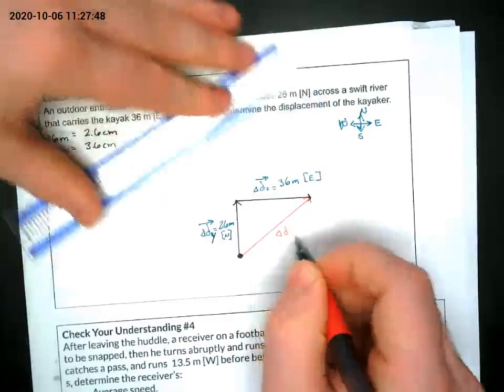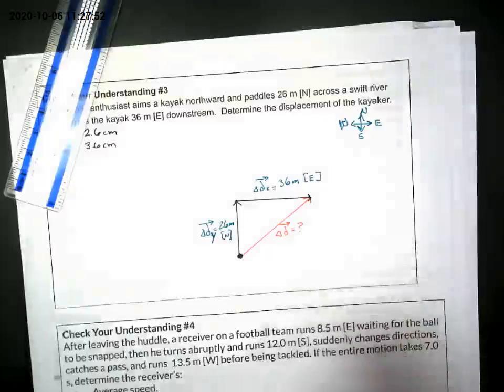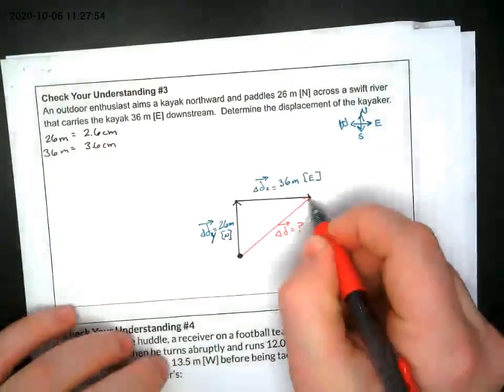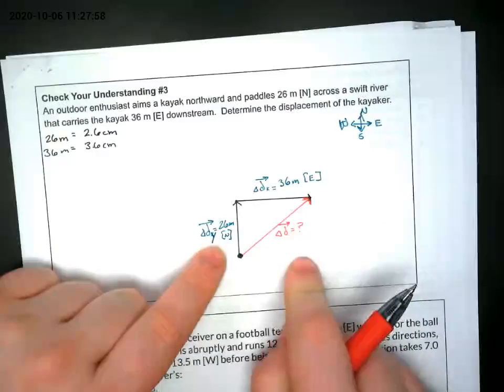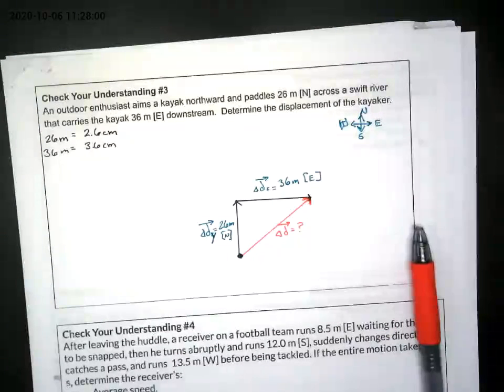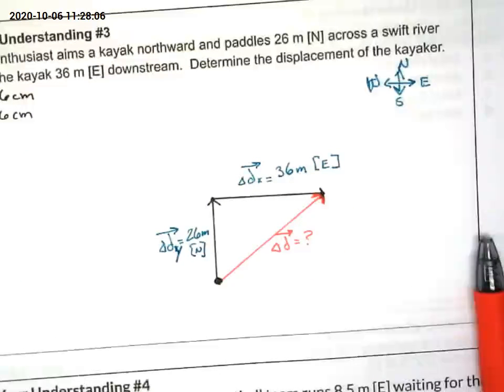What is our displacement here? Now when you're drawing vectors for yourself, and especially when you're labeling your vectors, doing what I just did right here is actually pretty important. I'm zooming in on this real quick just so you can see it a little bit better.